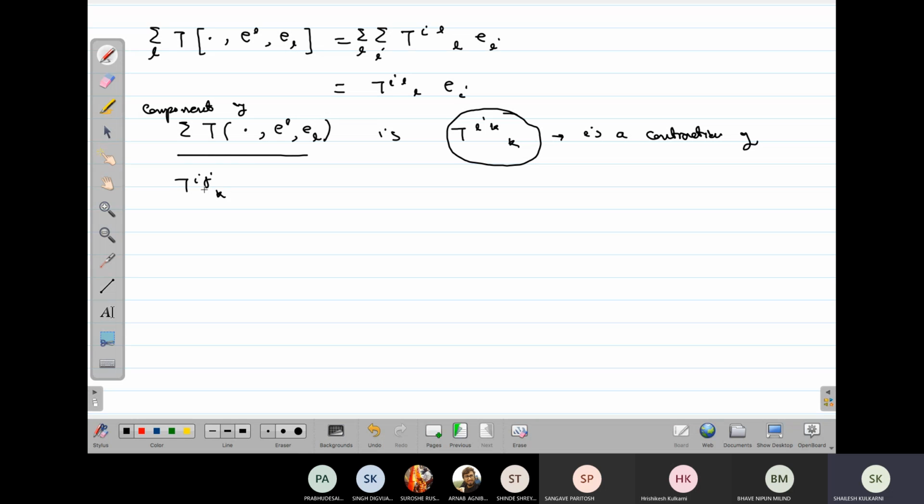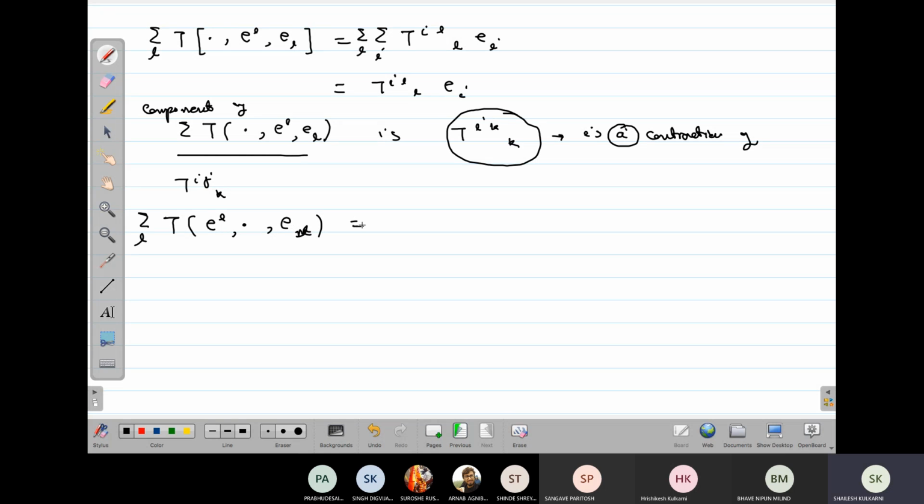When I say tensor, I sometimes refer to the tensor in component form. So why do I say a contraction? Because I could have defined another contraction. Suppose I define T(e^l, e_l) and sum over l. This defines another contraction. What kind of contraction is this?